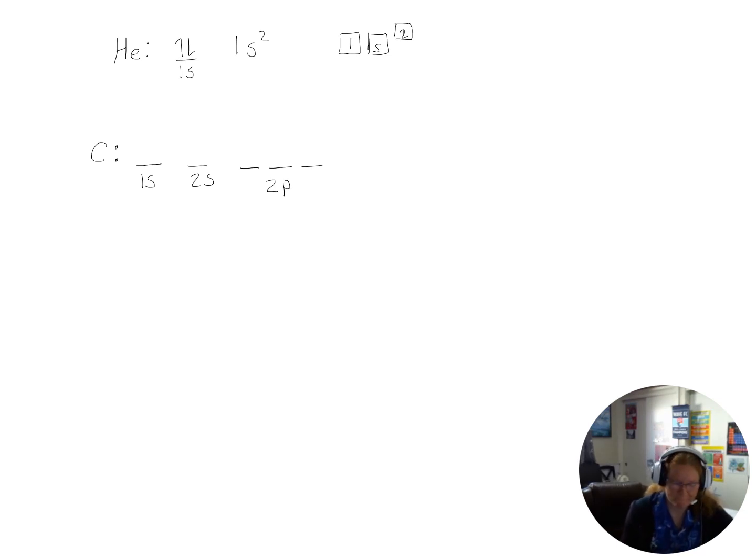Carbon has an atomic number of 6, so we go 1, 2, 3, 4, 5, 6, and we'd write this as 1s2, 2s2, 2p2. Carbon also has 4 valence electrons, and that's where we get 2 plus 2, 2s, 2p. Those are 4 valence electrons.